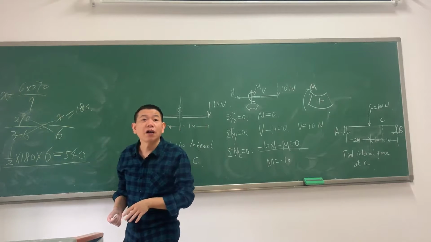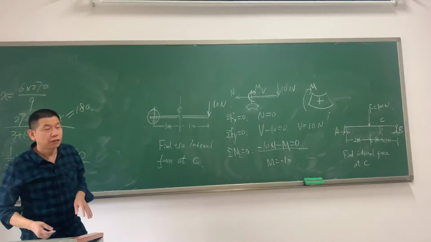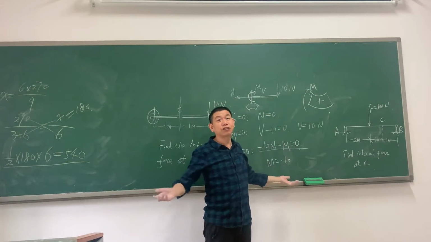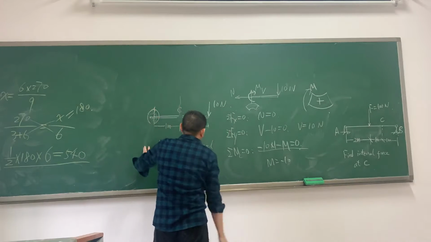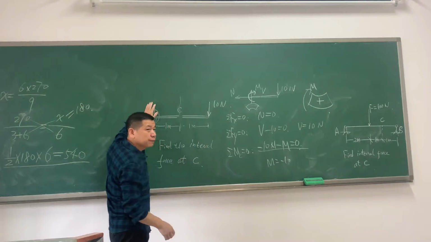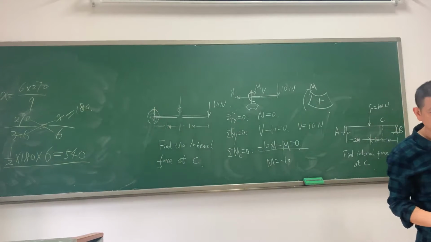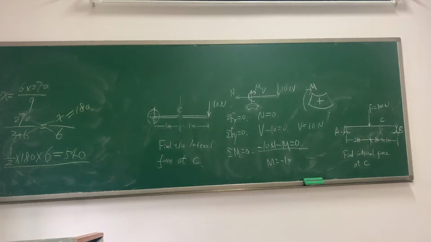So which part do we skip? I take the right part. It's simple. If they have only one side support.